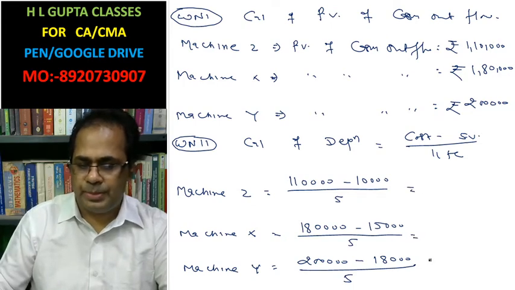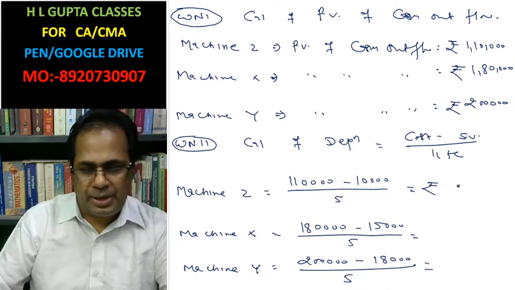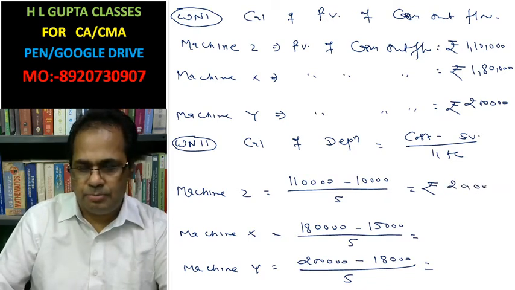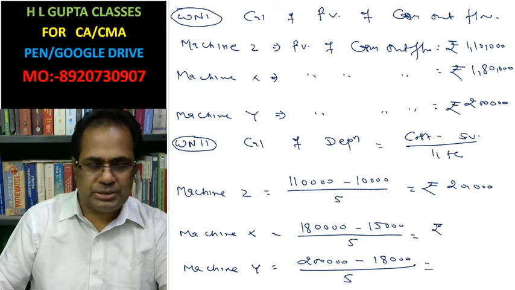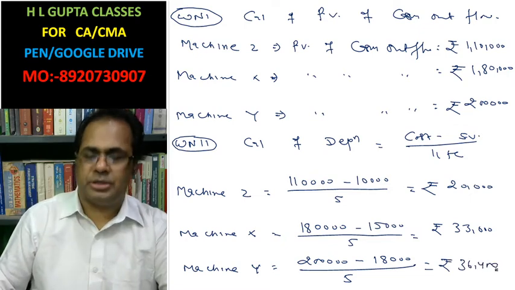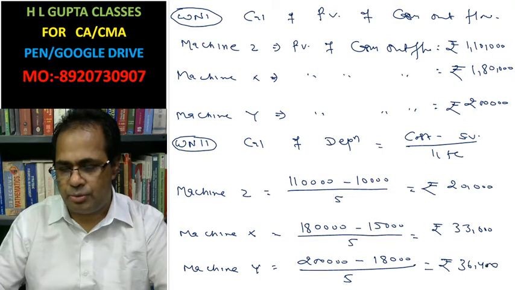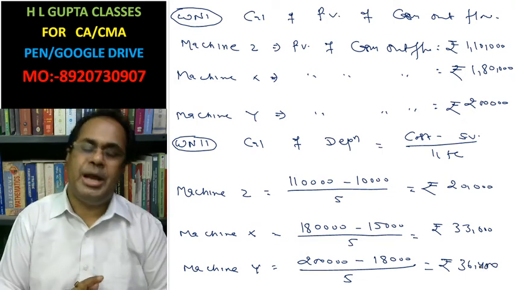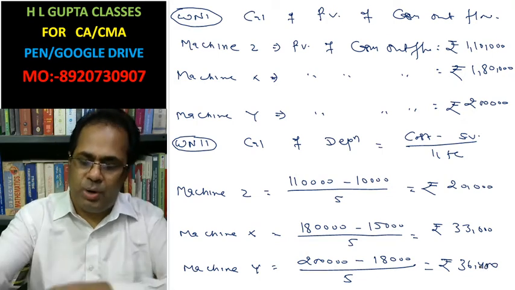After calculating this, we have rupees 20,000 here, rupees 33,000 here, and rupees 36,400 here. Now we have calculated machines Z, X and Y.